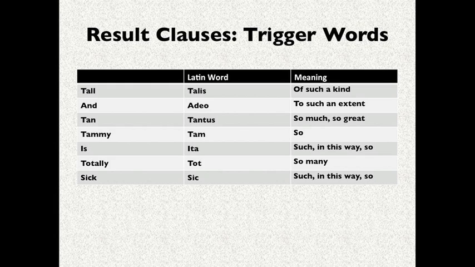I've also provided the meanings for you. I highly recommend that you memorize these words, because if you see a trigger word, such as these, plus ut or ne, as you will see in just a few seconds, you're more likely than not working with a result clause, and having these words in mind will help you make identifying the subjunctive clause you're working with substantially easier.